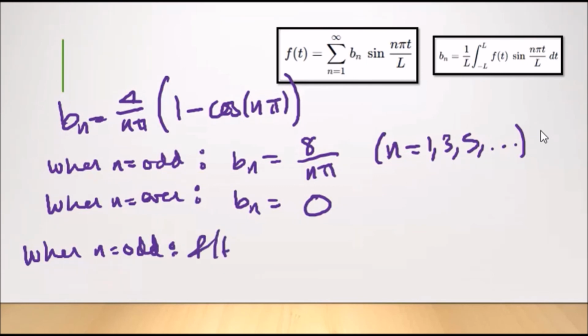So to wrap this up, when n is odd, our function t can be written as a Fourier series in the form of the summation from n equals 1 to infinity, where bn gets replaced with 8 over n pi.